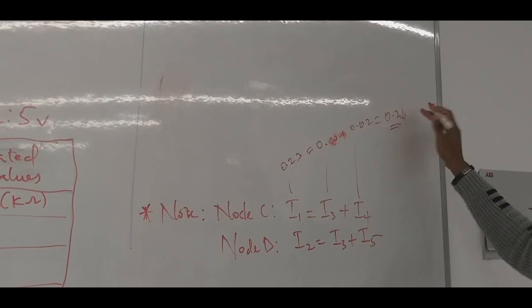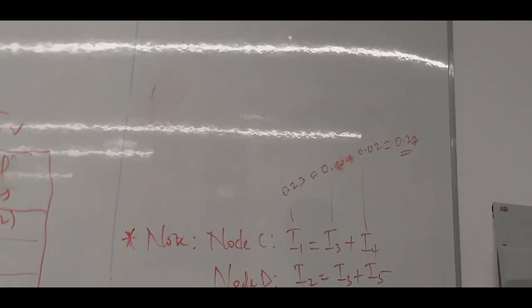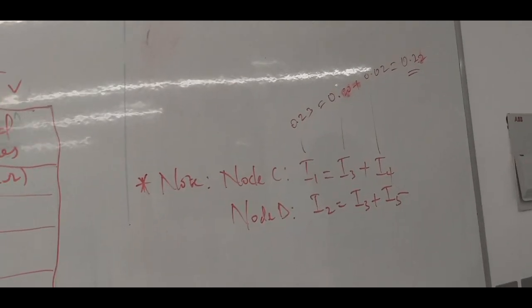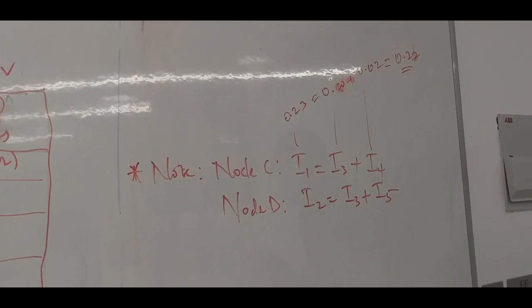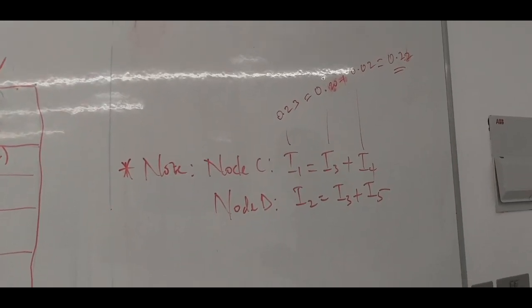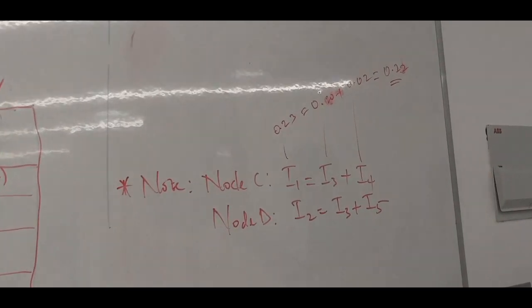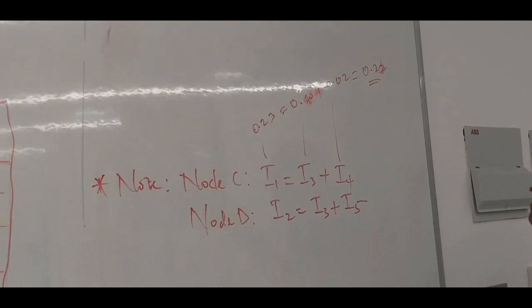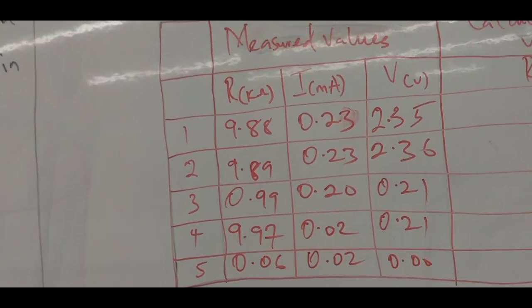See? Are you seeing it? So it's actually 0.02 that went in through I4. Why? Do you know why? Because of the resistance. You can see the resistance there. So little or minute current flowed in through that guy.